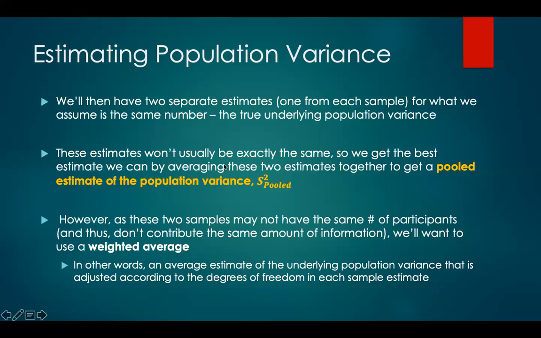These estimates won't usually be exactly the same, so we get the best estimate that we can by averaging these two estimates together to get a pooled estimate of the population variance. However, as these two samples may not have the same number of participants and thus don't contribute the same amount of information, we'll want to use a weighted average. In other words, an average estimate of the underlying population variance that is adjusted according to the degrees of freedom in each sample estimate.